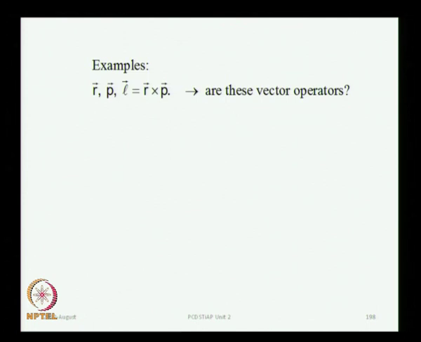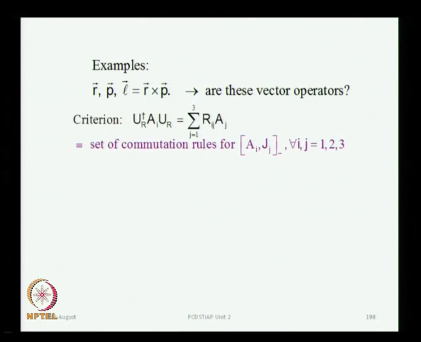We know they are vectors because we know how their components transform, and we ask if they are vector operators, and what you will do is to subject these operators to the fundamental criterion that we have defined, and see if that criterion is fulfilled either in terms of this relationship or equivalently in terms of the set of commutation relations which we wrote down on the previous slide. These two are completely equivalent to each other, as we have seen earlier.